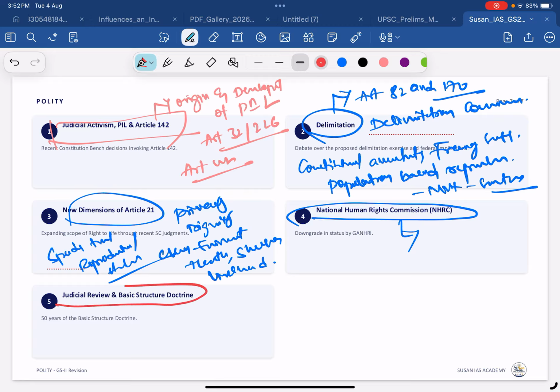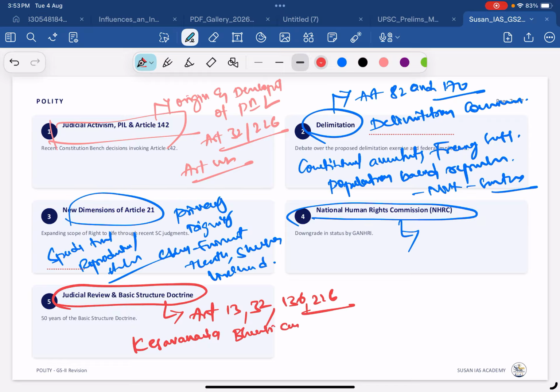And then another thing is judicial review and the basic structure doctrine. Judicial review, and articles like Article 13, Article 32, Article 136, Article 226, right? And what are the constitutional amendments? And the most important, the Kesavananda Bharati case and basic structure components.